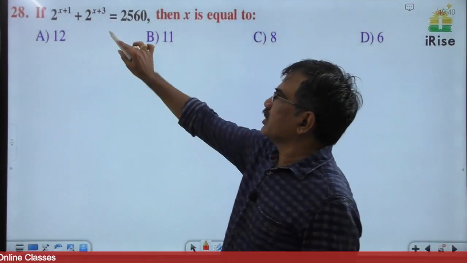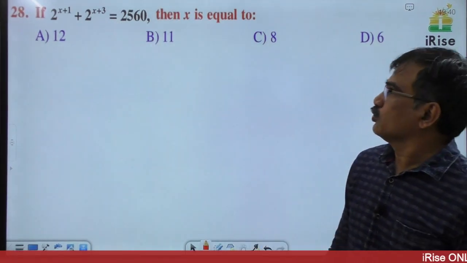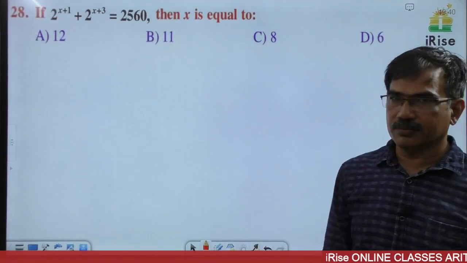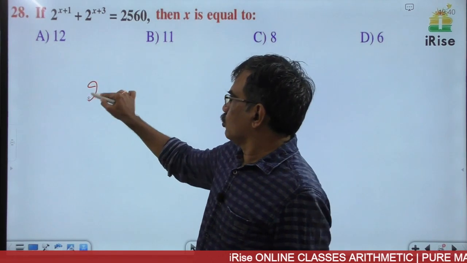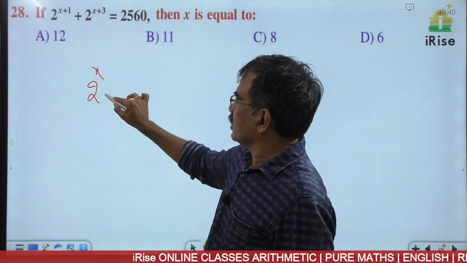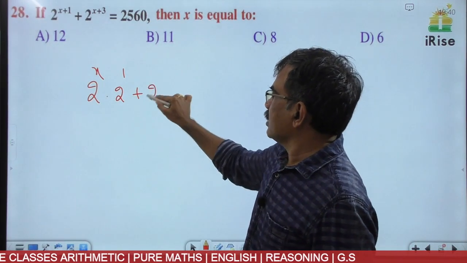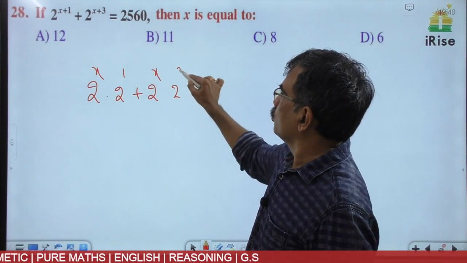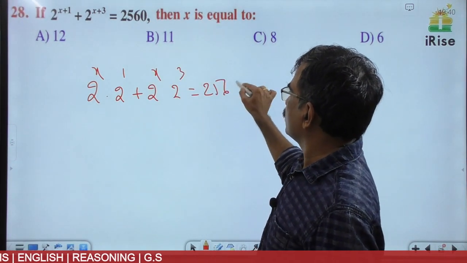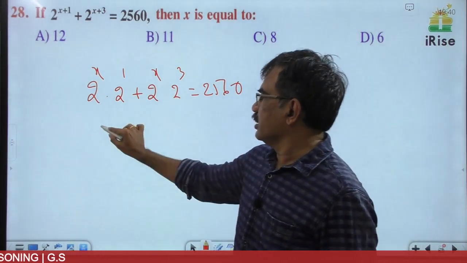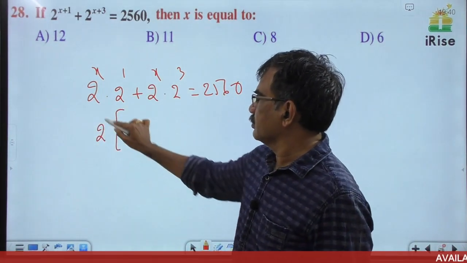Here 2 power x plus 1 plus 2 power x plus 3 is 2560. Then what is x? 2 power x plus 1 can be written as 2 power x into 2 power 1. Second term 2 power x into 2 cube is equal to 2560. This is the given question. In this take 2 power x common.